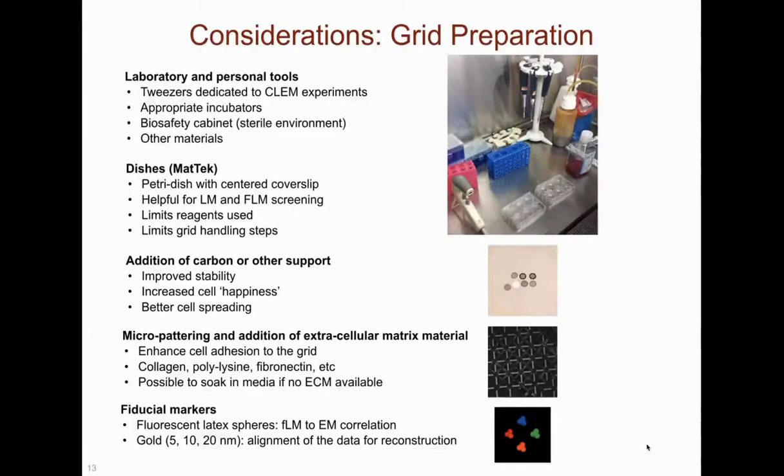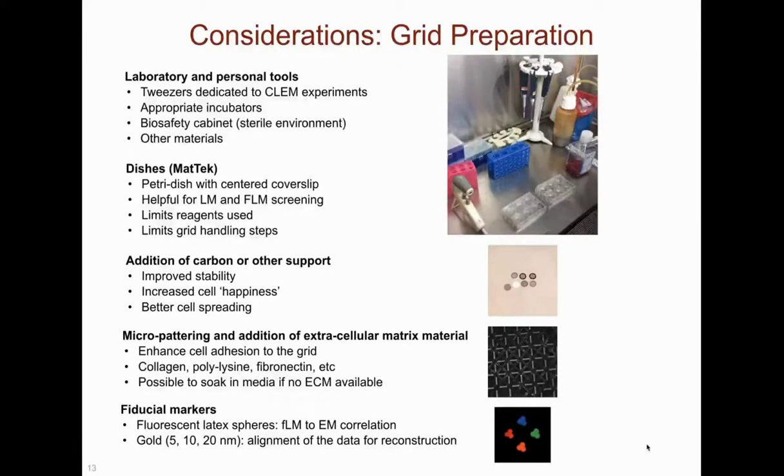When we transition to grid preparation, there are a number of considerations. Briefly, one should have a standard set of tools and laboratory equipment to minimize specimen contamination and maintain continuity of research. We prefer to use MatTek dishes for CLEM imaging experiments because they have a glass cover slip in the bottom that allows for periodic light microscopy imaging without the introduction of grid handling steps.